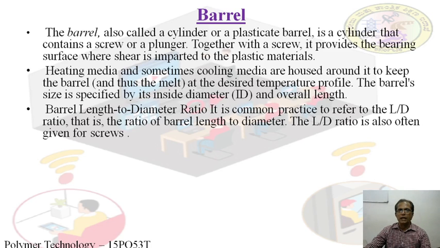Barrel length to diameter ratio is common practice to refer to the LD ratio. That is the ratio of barrel length to the diameter of the barrel. LD ratio is also known as length to diameter ratio.